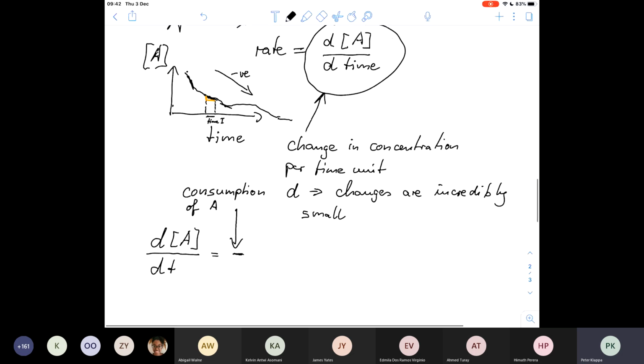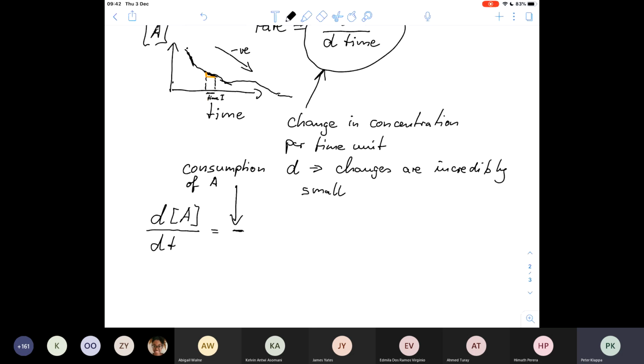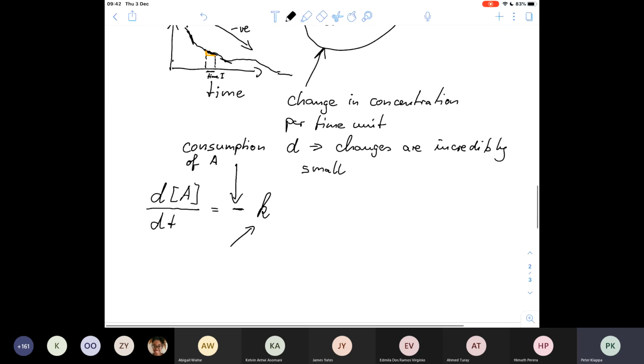We can also then say there is a certain proportionality factor in it, a certain constant, and let's abbreviate the constant with a K. This here has the name of rate constant.